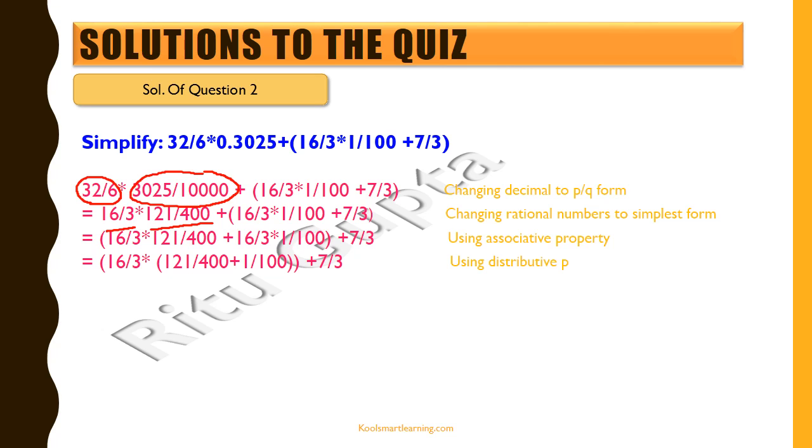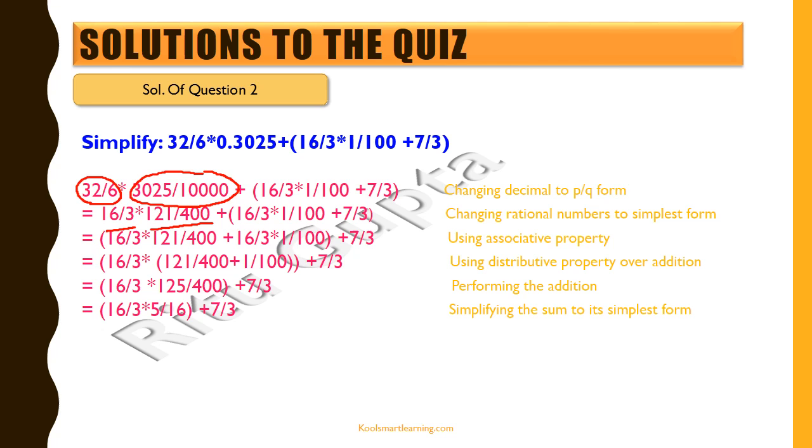So if we use the associative property and then bring out the common factor, which is 16 by 3, we get 16 by 3 multiplied by 121 by 400 plus 1 by 100, and this is basically using the distributive property over addition, and we keep 7 by 3 as it was. Now simplifying this, we get 16 by 3 multiplied by 125 by 400 plus 7 by 3.